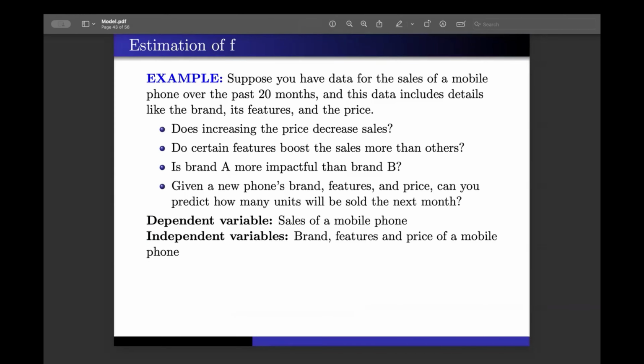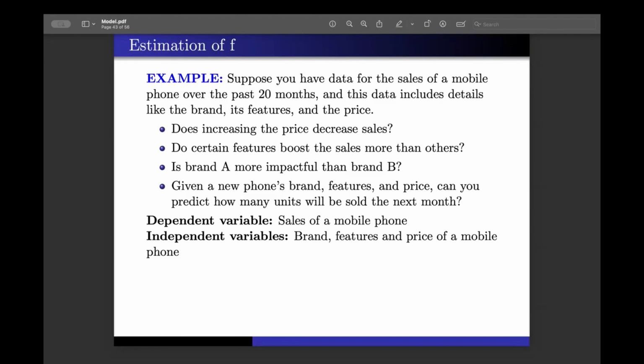Now, when I asked you all the four questions, the first being, does increasing the price decrease sales? What are we trying to do? We have price as the independent variable, and we are trying to find out if we increase the value of the independent variable, would it decrease the value of the dependent variable?